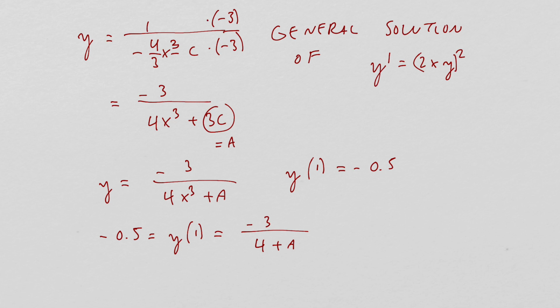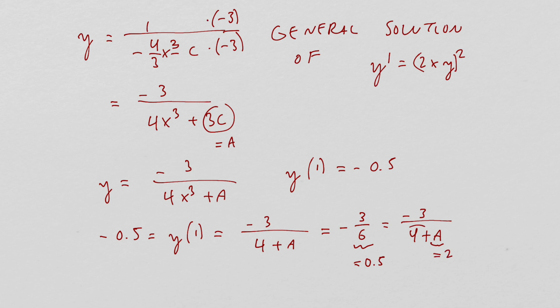Well, how can this number be -1/2? If the number would be -3/6, then we would get half from here. So it seems that our constant capital A needs to be 2.